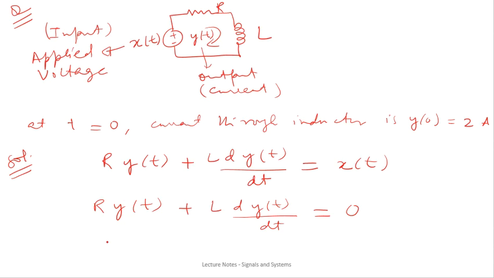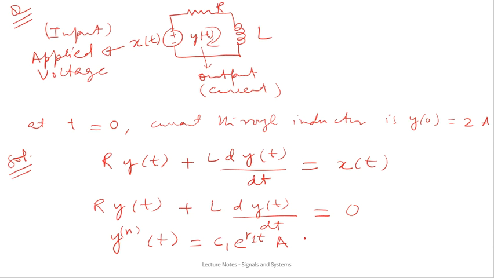So the solution will be something like this. Or in place of this i, you can just write it as 1. Okay, let me just write it more clearly. Okay, so C_1 e raised to the power r_1 t ampere. So this will be the form of the natural response.